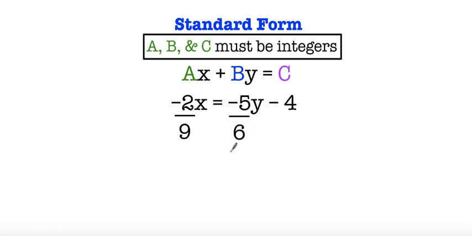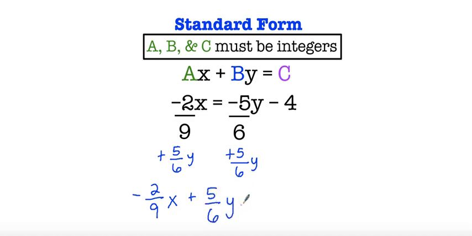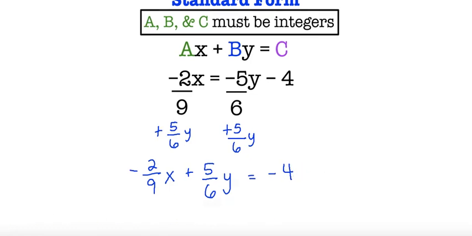I'm sorry, add both sides by 5/6y. And so now on the left side, I have -2/9 x plus 5/6y is equal to -4.